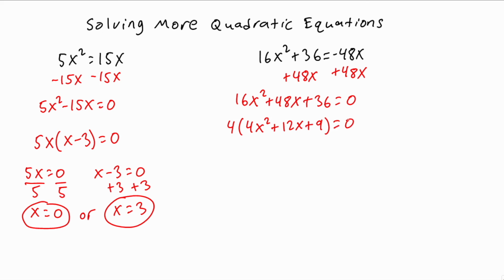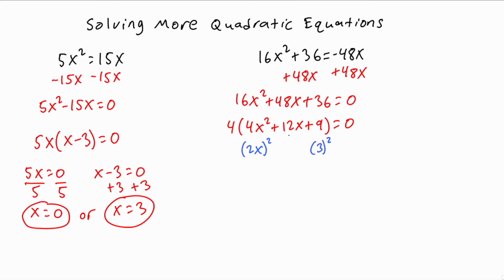Now we can do what we did in the problem a couple problems ago and do 4 times 9 is 36 and find which factors of 36 add to 12. Or you can notice this might be a perfect square trinomial because 4x squared and 9 are perfect squares. So let's just check. Well, 4x squared is the same thing as 2x all squared, and 9 is the same thing as 3 squared.